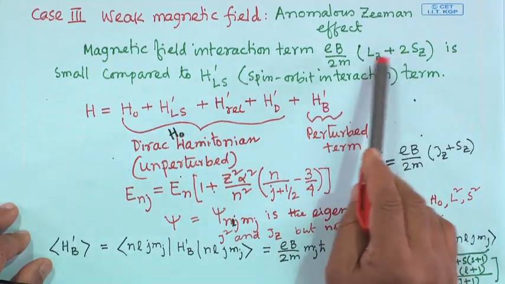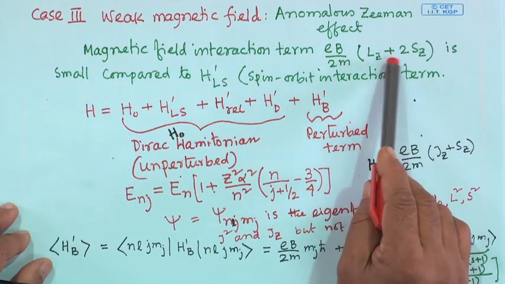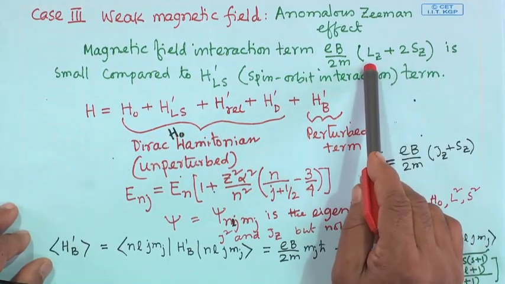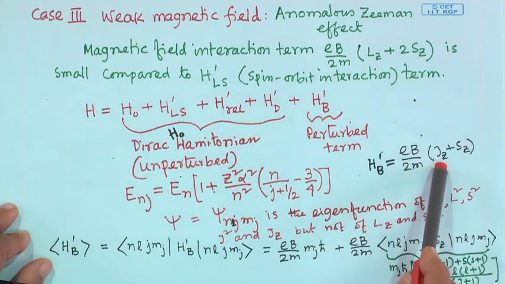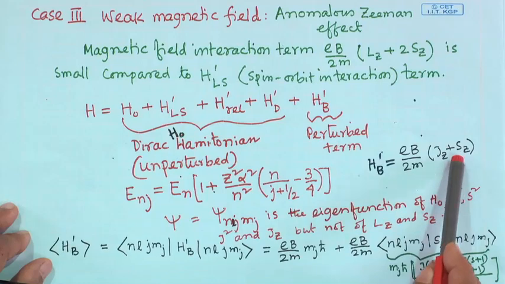So, Lz plus 2 Sz can be written as Jz plus Sz. That is why we have modified this in terms of Jz plus Sz.